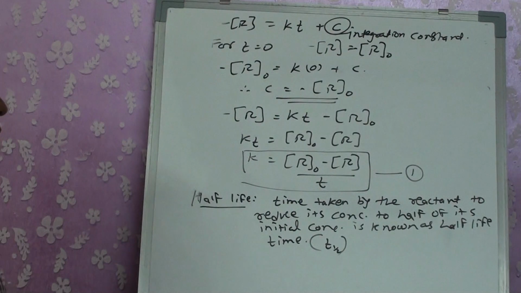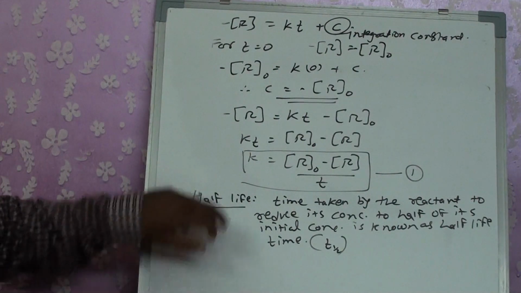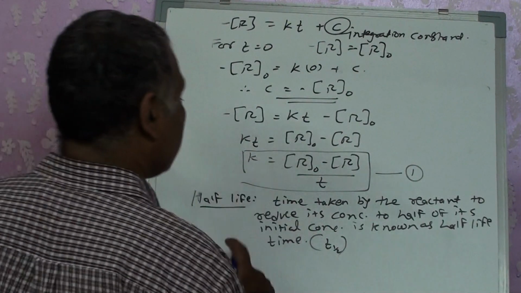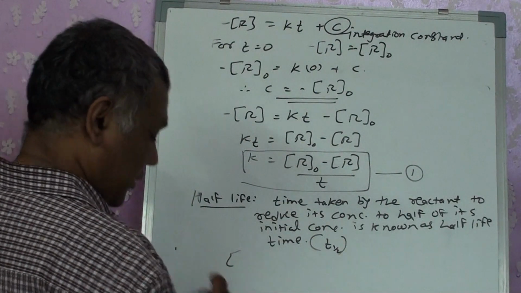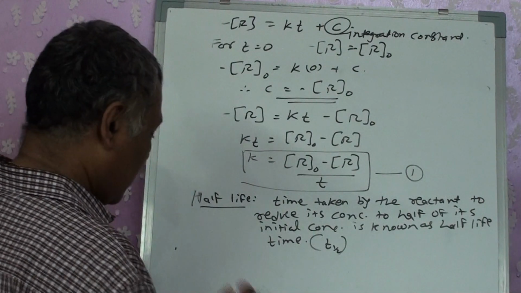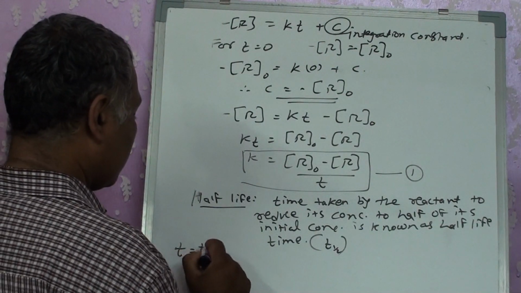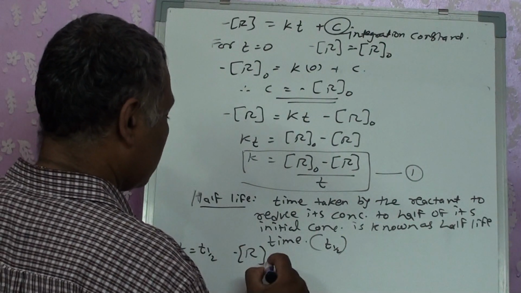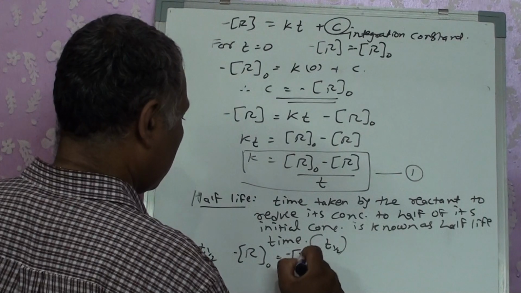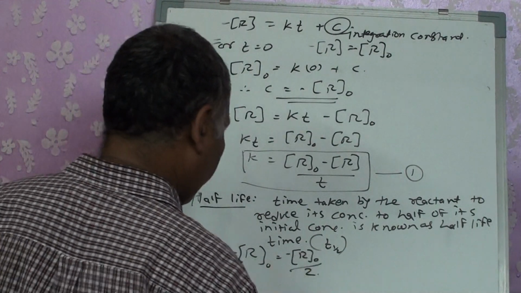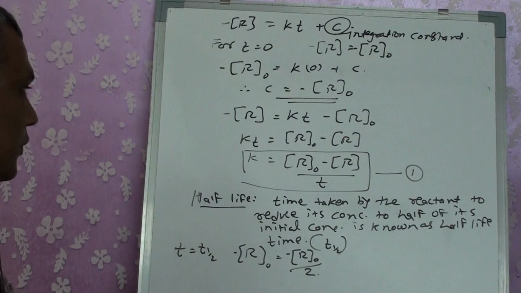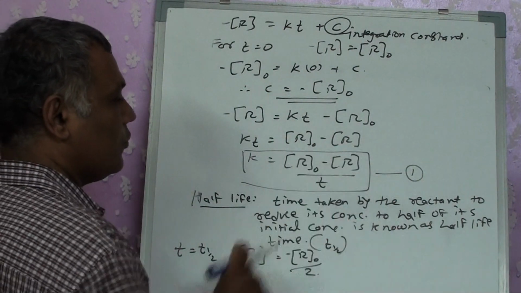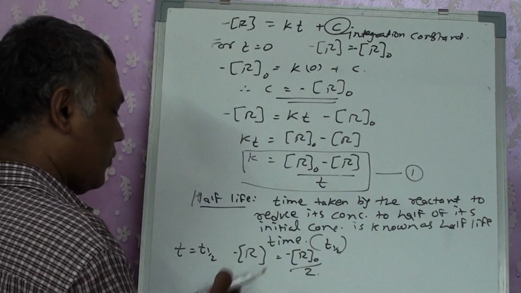So if I want to calculate the half-life, first of all, if t equals t1/2, then [R] will become [R]0 by 2. Your [R] becomes [R]0 by 2 at time t equals t1/2.